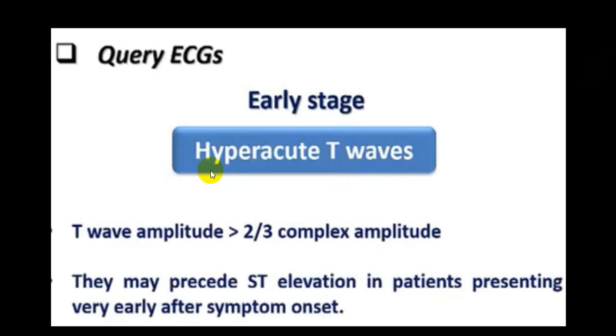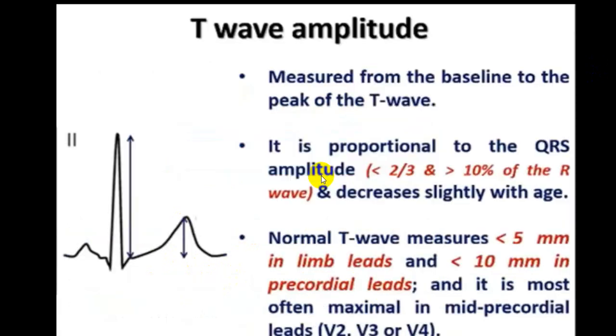So T wave amplitude more than 2/3 of the QRS complex and may precede ST elevation, that is the classical early stage of acute MI, we call hyperacute T wave.